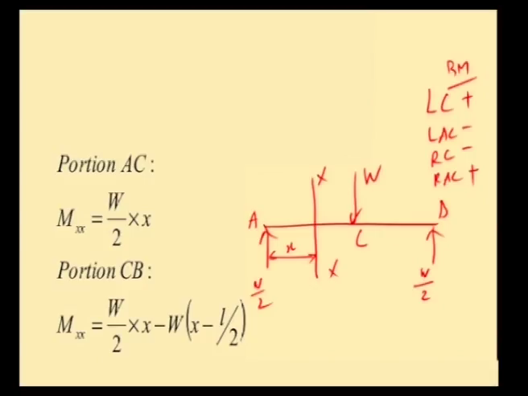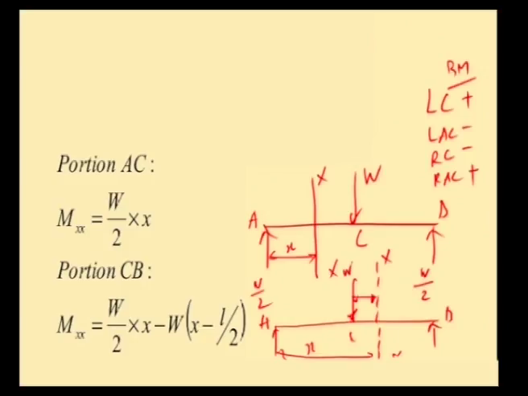Now, if we move over to portion C B, say the same example, we have A, B, C, and consider our section in portion B C, at distance x. We will also need the distance between this load W and the section. Since this is L by 2, that distance will be x minus L by 2.